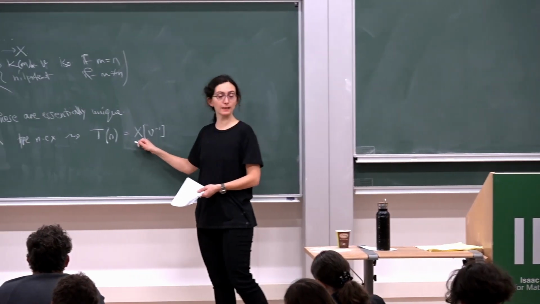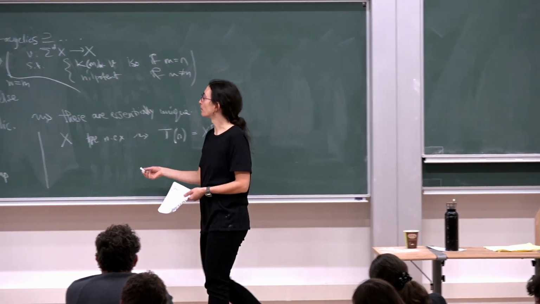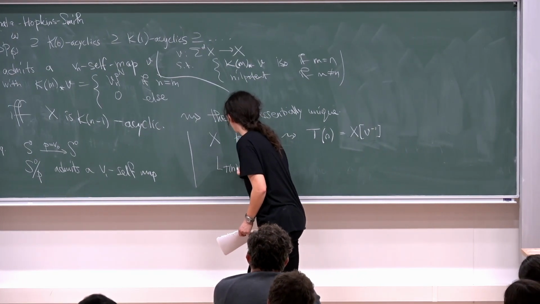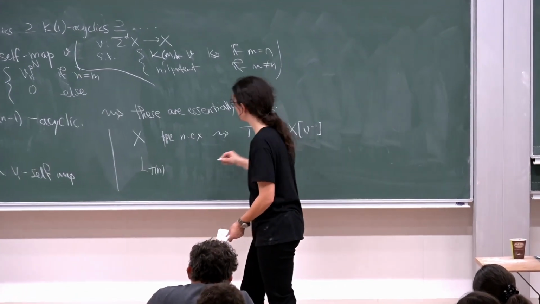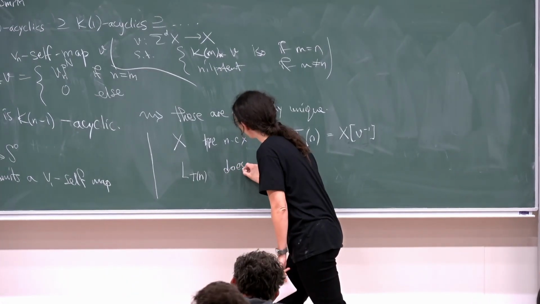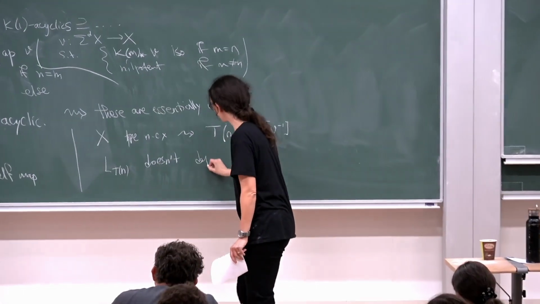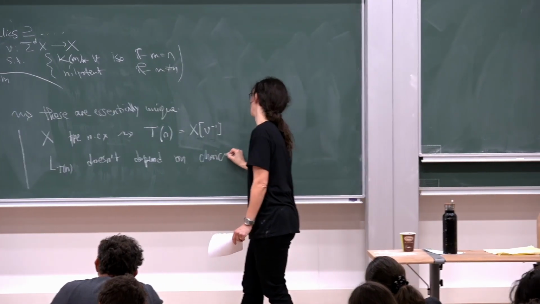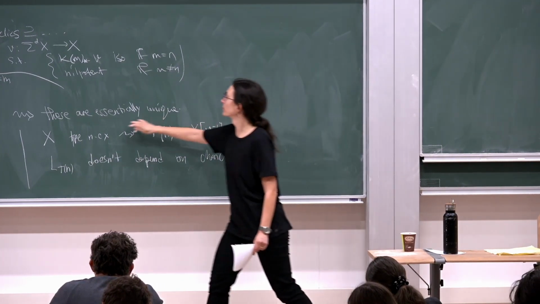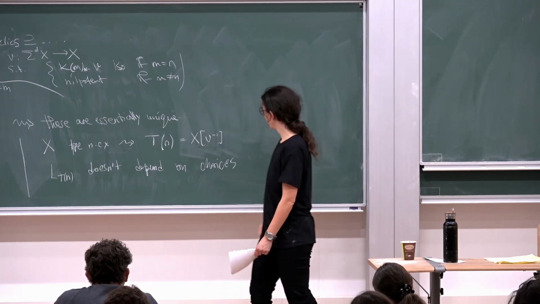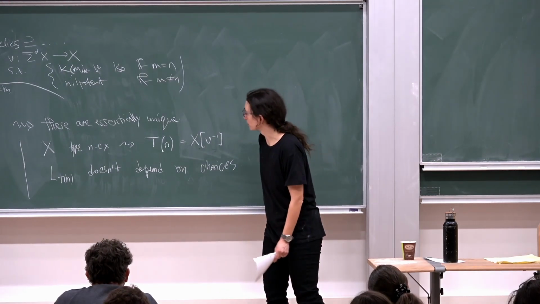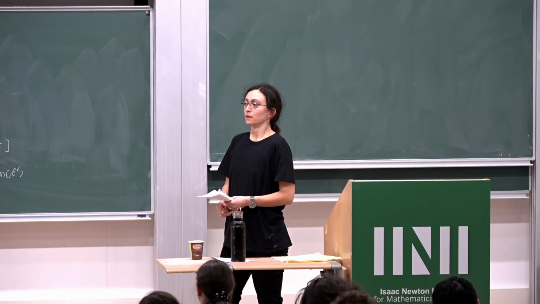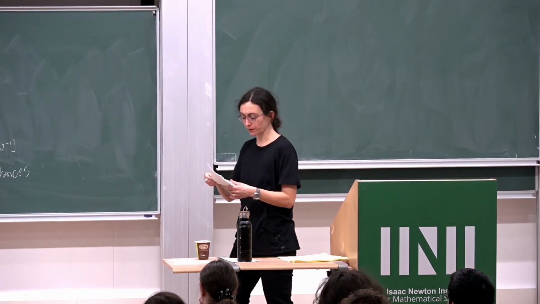We had to choose X, we had to choose v, but the localization at Tn doesn't depend on those choices. And that also depends on this essential uniqueness. Okay. All right. Any questions so far?